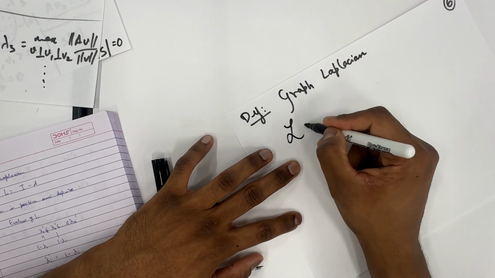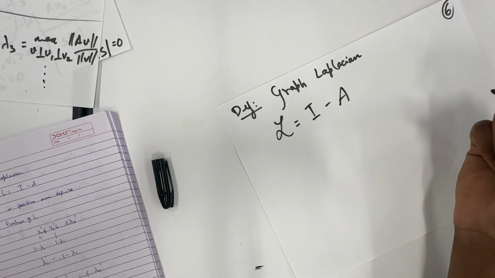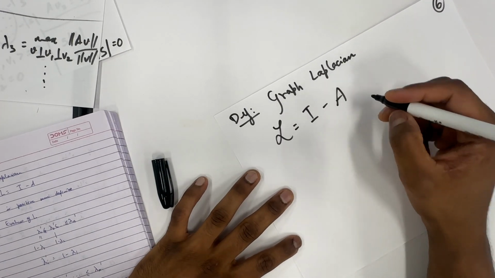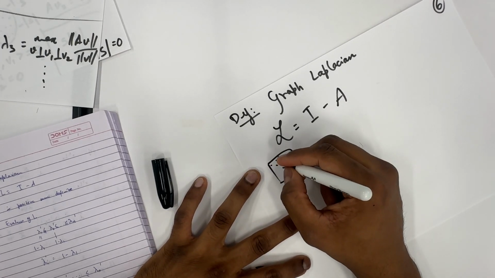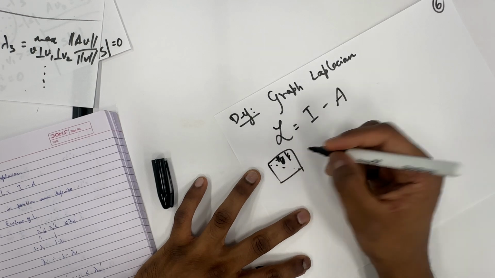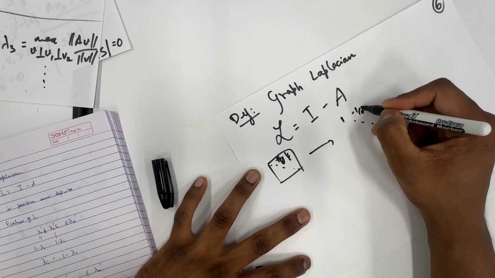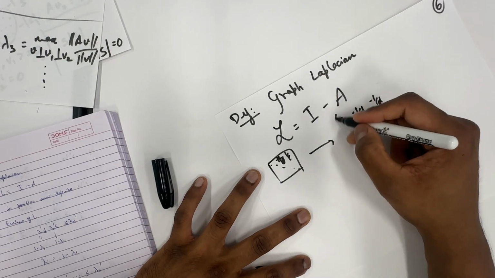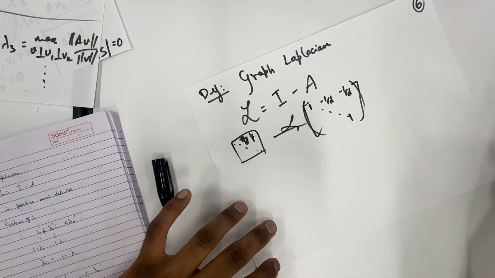A graph Laplacian is just the identity minus the adjacency matrix. So what was the adjacency matrix? It was zeros on the diagonal, 1/d on specific elements. Now this just becomes 1 on the diagonals and -1/d wherever there is an edge. This is the graph Laplacian.